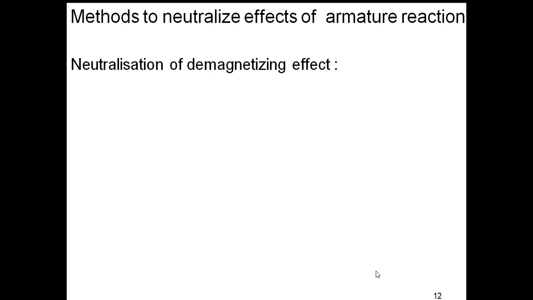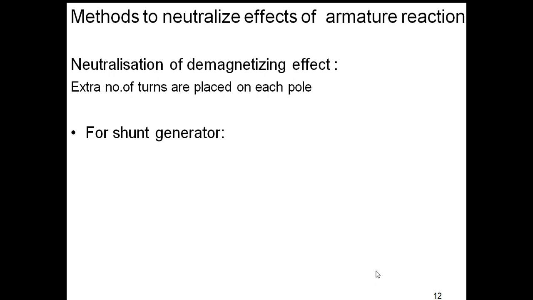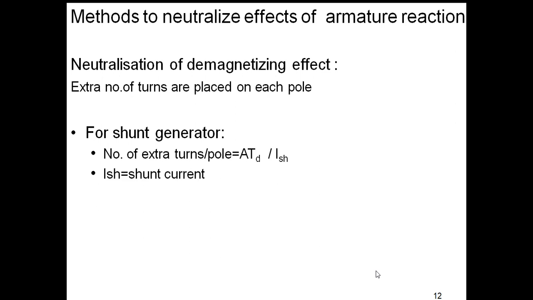First of all, let us see how to neutralize the demagnetization effect. To neutralize the demagnetization effect, we insert some extra turns on each pole. For a shunt generator, the number of extra turns per pole is equal to demagnetizing ampere turns by shunt current, in short ATd by Ish, where Ish is the shunt current.